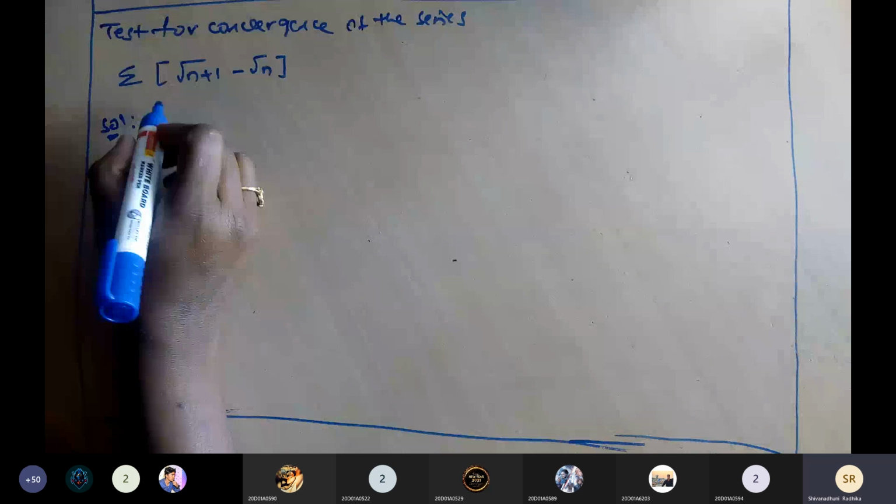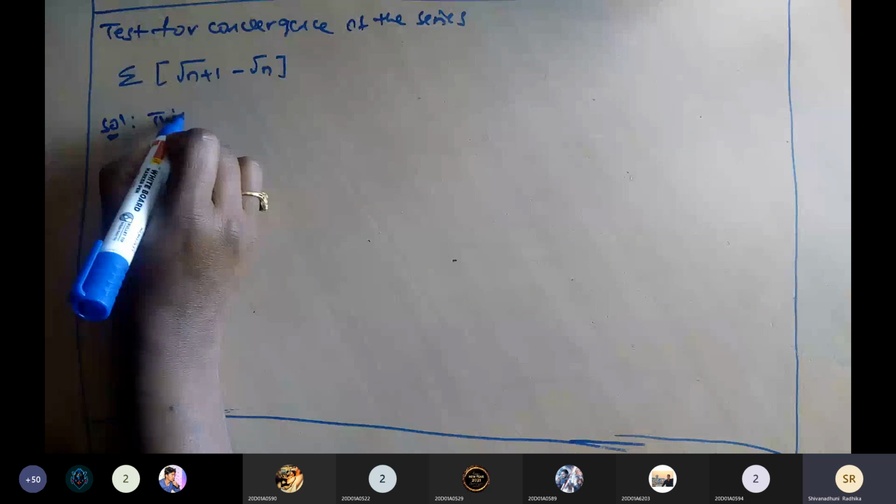Okay, write down. Listen. My voice is audible, ma? Yes, Yes, ma'am. ma'am. Okay. This is of the form summation un. Therefore, what is un here? Under root of n plus 1 minus root n. Okay. You know the, do you know the concept of rationalize?